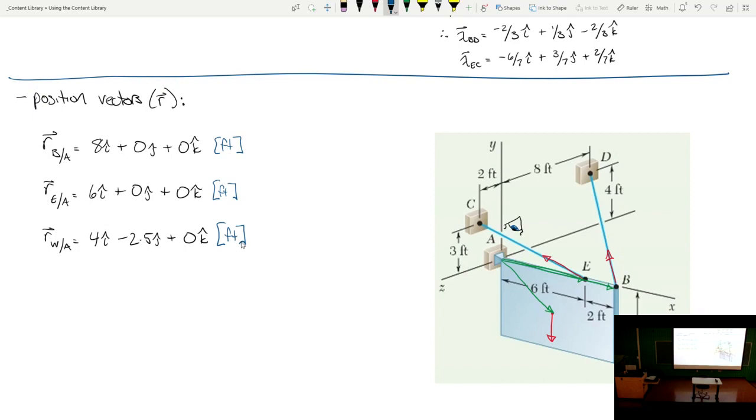So the next step now is to take moments. Okay? And this is, I think, where the problem just gets to be a little bit of a sloth. So let's sort of plan this out.